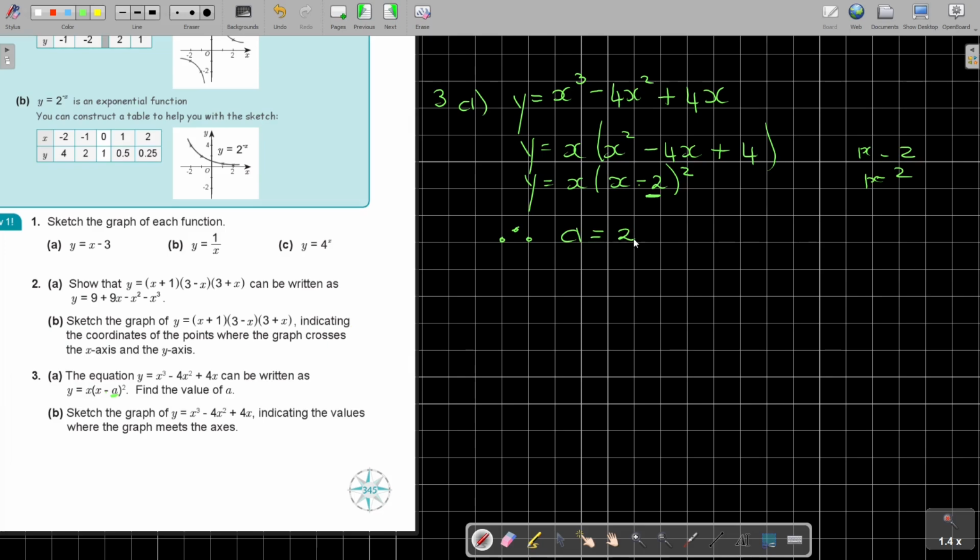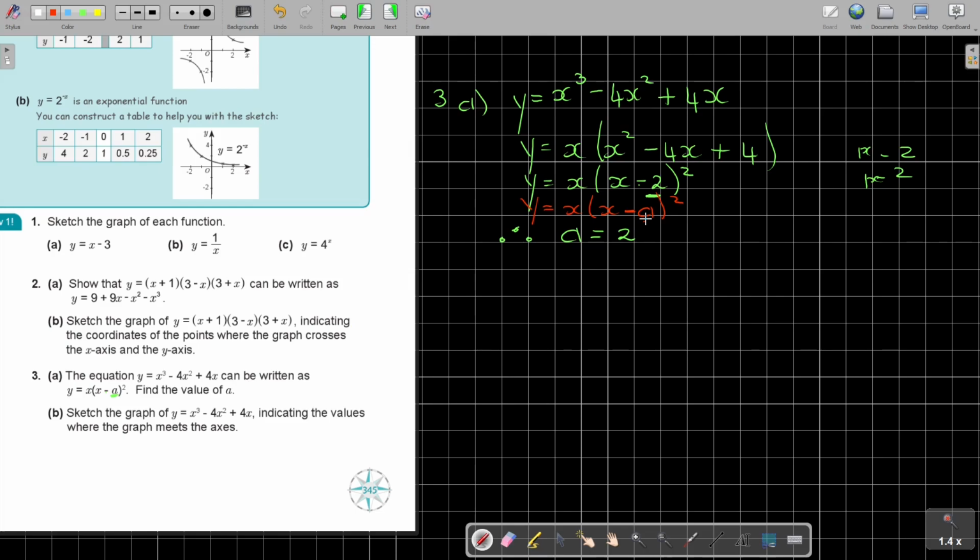Otherwise, due to the fact that they said, can I just show you? I want to write it in here. They said y is equal to x minus, they already have the minus, and then A, and then squared. So basically it's just 2. If it was a plus, you could have said negative 2, but the sign stays the same, so it's just 2.